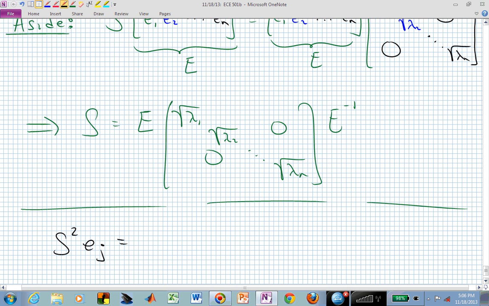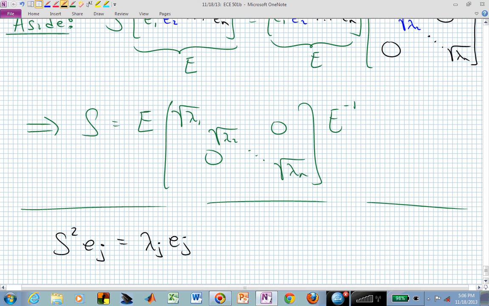that's now S E_j was square root of lambda sub j E_j. But now if I multiply that by S again, the square root of lambda j slides through S and I have S E_j. But S E_j is the square root of lambda j E_j. So this now gives me lambda sub j E_j.